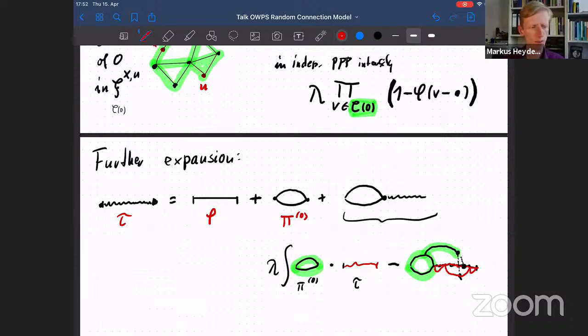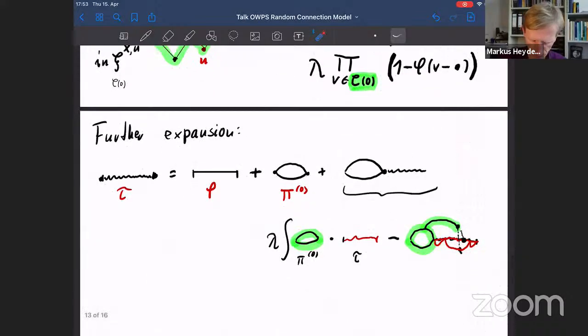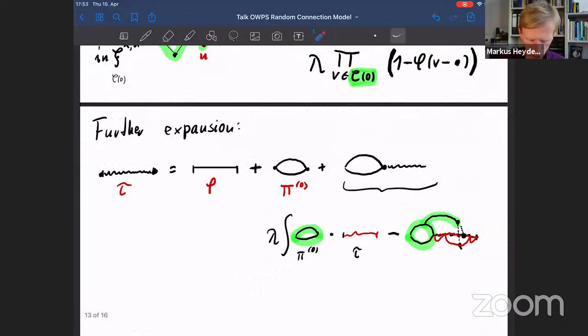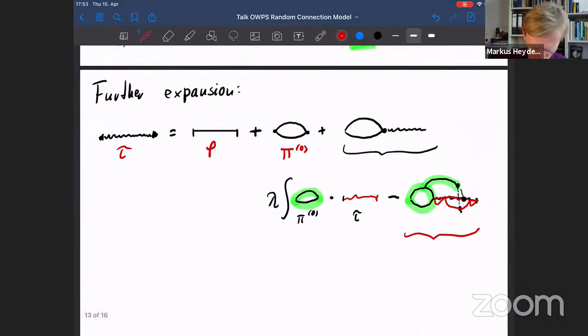So there's this one guy, and he makes that this connection is not anymore realized after somehow he's thinning this out, and he's doing this with precisely this probability. Yeah. Okay, so we have to subtract that, and then this one gives us connections of this form.